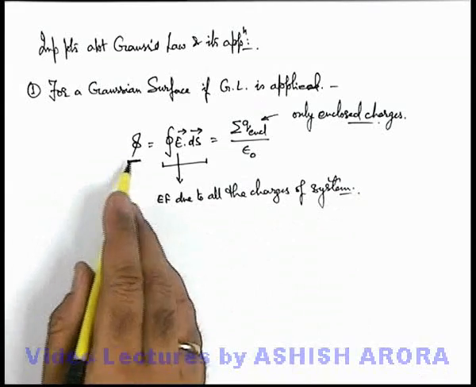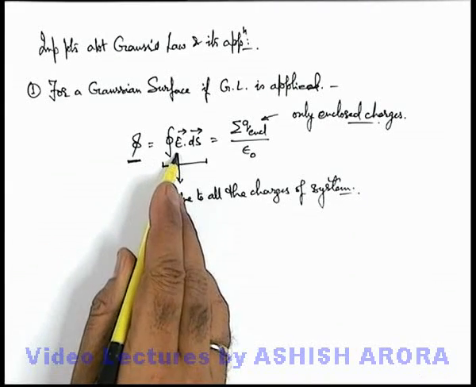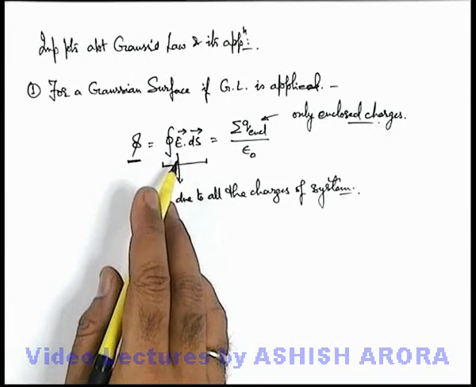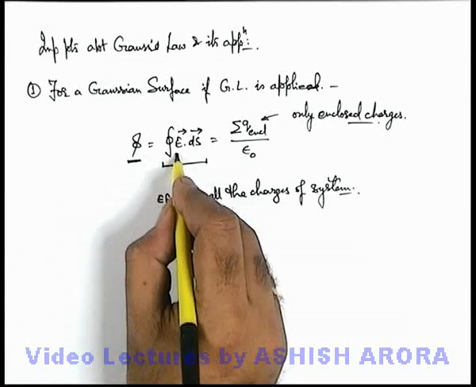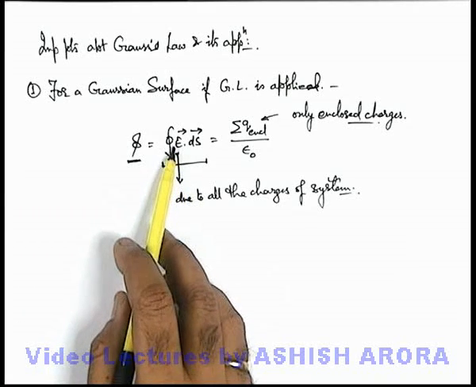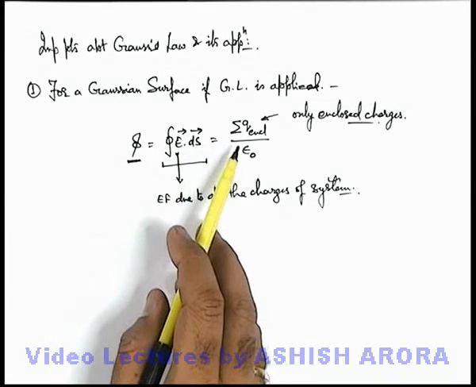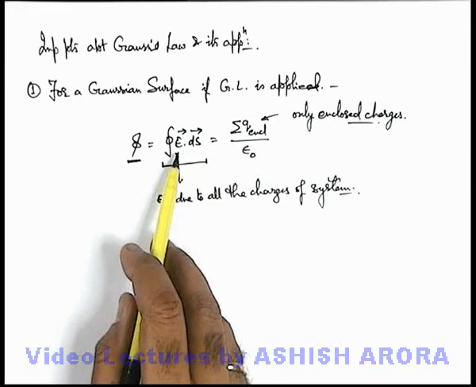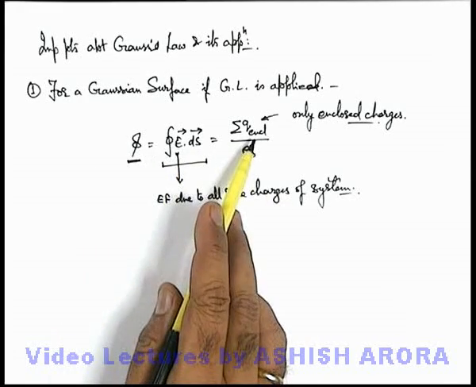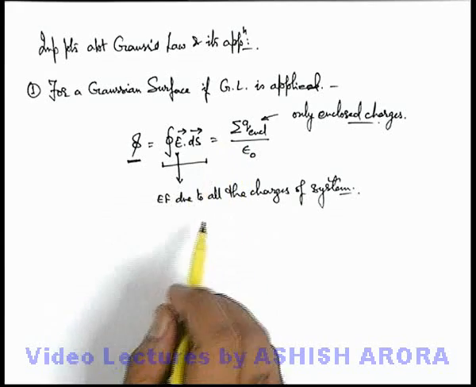So your flux must be calculated by using the total electric field of the system, not only by the enclosed charges. Several times students commit a mistake that this electric field is taken as that of enclosed charges only, whereas in this situation electric field is due to all the charges but total flux is affected only by the enclosed charges. So be careful for this.